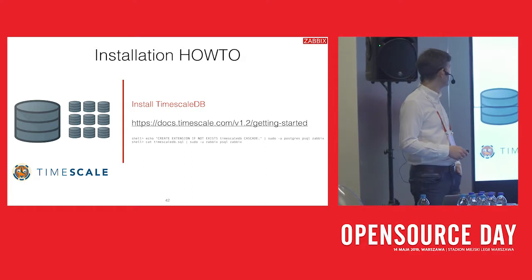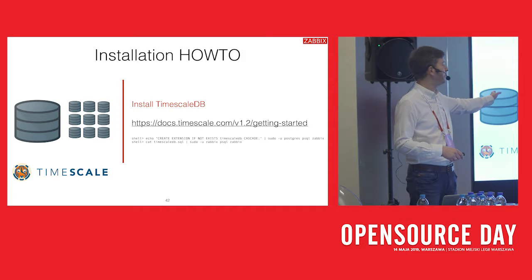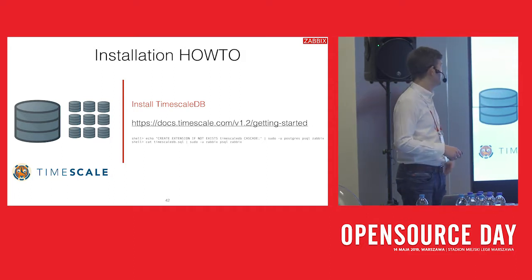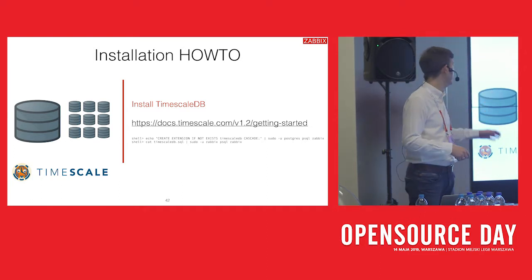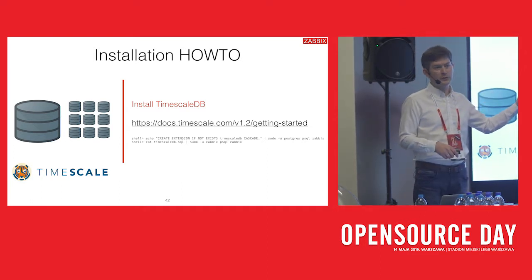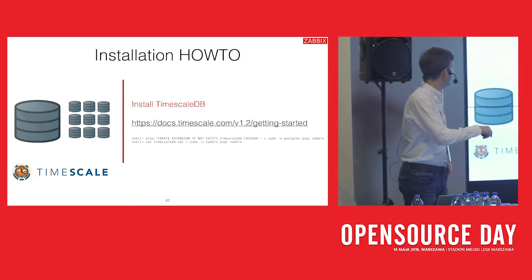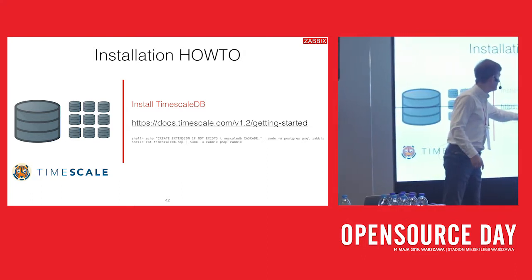In order to install timescaleDB, just follow a very simple document from timescale.com. There is a getting started guide. It's just a few steps. One, you install Postgres, then you enable the timescaleDB extension using a simple command, like create extension.